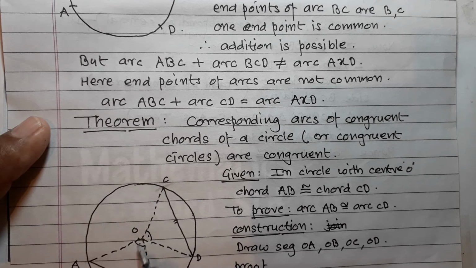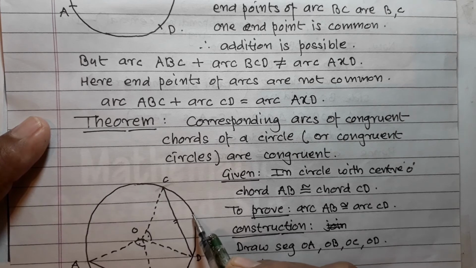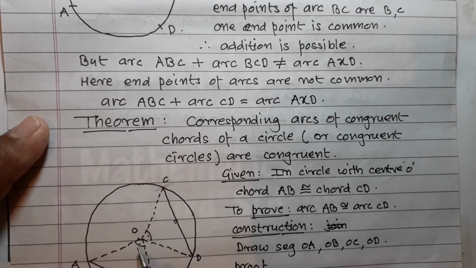Now this is a central angle and this is a central angle corresponding to this arc and this arc. So this central angle and this central angle are equal and therefore the corresponding arcs are also equal, because the measure of this arc is equal to the measure of this angle, and the measure of this arc is equal to the measure of this angle. So both the angles are equal and therefore these arcs are also equal. Okay.